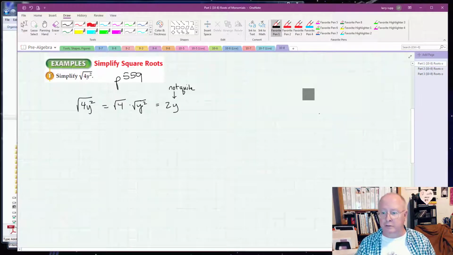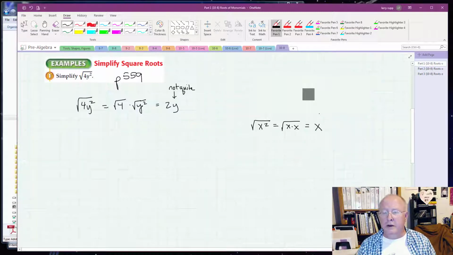In variable terms, if you had the square root of x squared and you wanted to find out what this was, then that's the square root of x times x, just like the square root of 4 was 2 times 2. So that means that the answer is x.